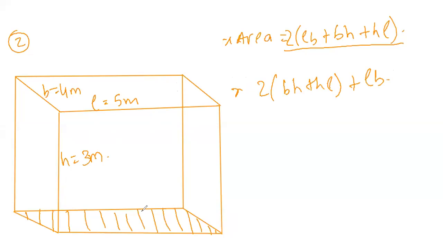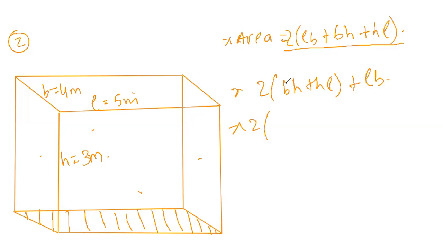Even in this question they are not whitewashing the bottom, the floor. So that is why we'll take only one side into consideration. They'll be whitewashing the ceiling, that's why that side is taken. Otherwise they'll be painting all the 4 sides, the 4 walls, 1, 2, 3, 4 and the ceiling. They'll not be painting the 6th side, that is the floor.